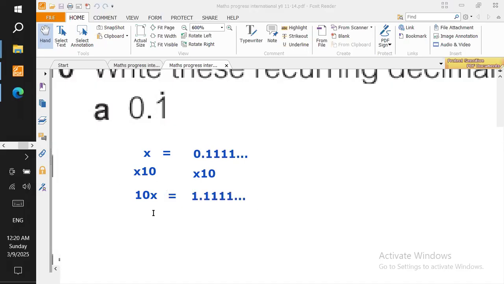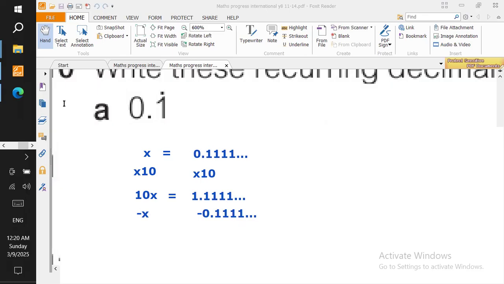Now let's continue. Now I'm gonna subtract x. So minus x here and minus x here. Now I know that the x equals this one. So here I'm gonna write minus x, and here I'm gonna write minus this because they are the same, okay? So minus 0.1111 repeated. Because it's the same as x. Focus on these steps.